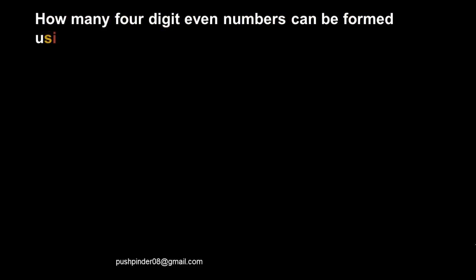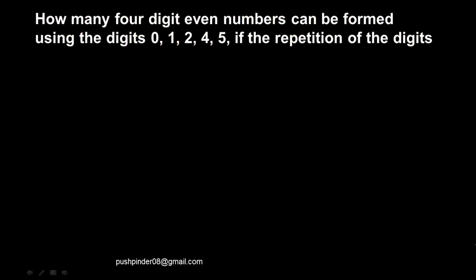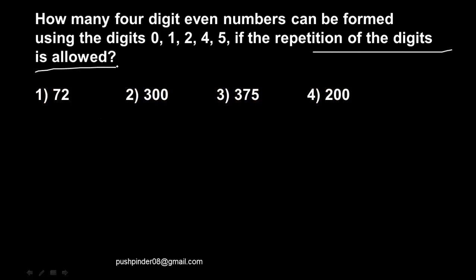Okay, how many 4-digit even numbers can be formed using these digits if the repetition of digits is allowed? Now over here, repetition of digits is allowed. Whenever this is given, our solution becomes a little bit easy. Now there is a condition on 2 places.